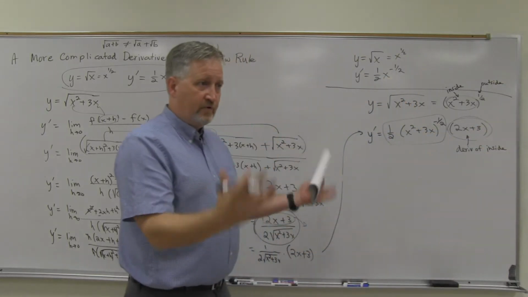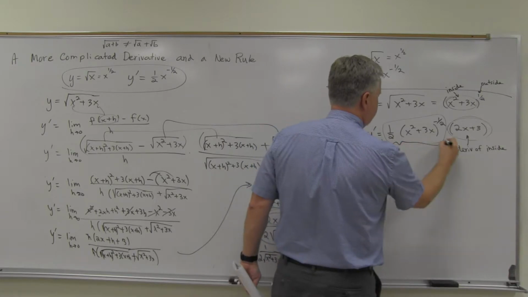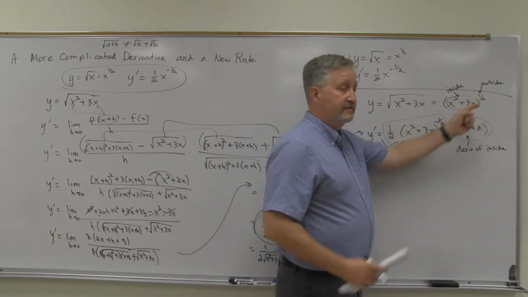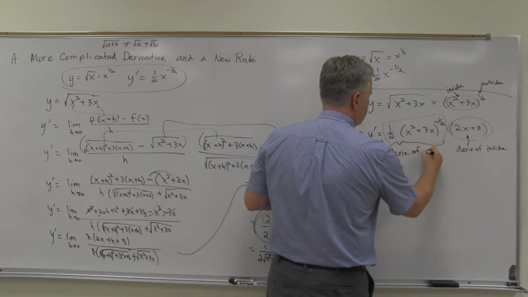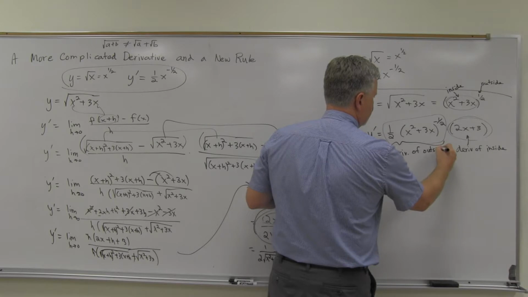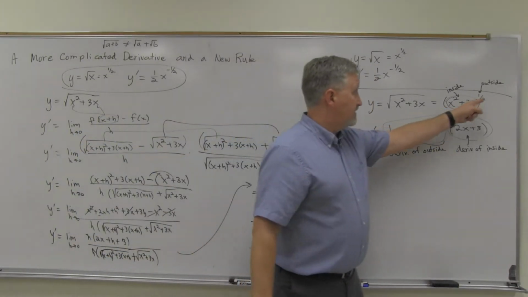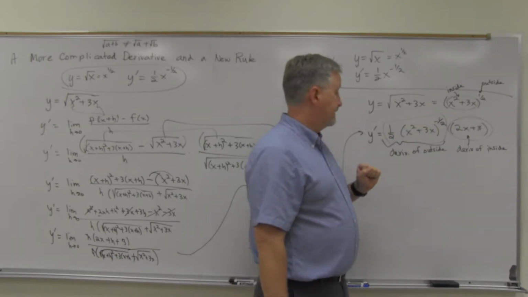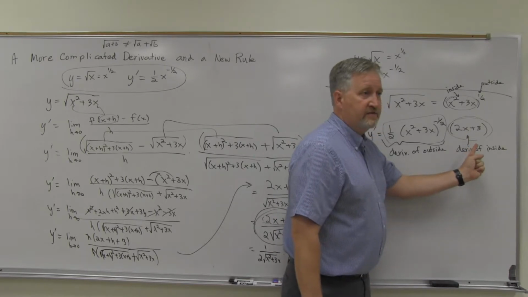So what this breaks down to be, this derivative I've got, is this right here. What I did is I did the derivative of the outside. The outside is 1/2 power, so I brought down that power. The new power is negative 1/2. Then I multiply that by the derivative of the inside.